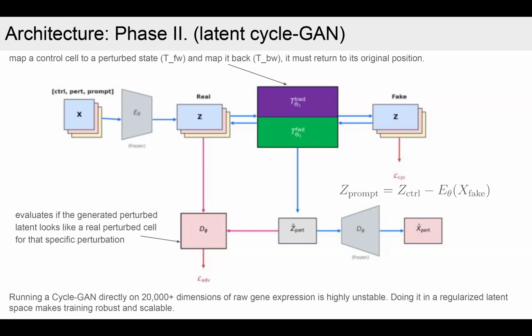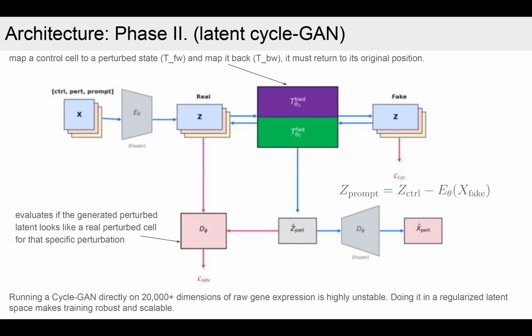And if everything goes well, we can get back to the same place. And it is fed into the discriminator, whose role is to train until it cannot differentiate between whether it is coming from a real perturbation or a predicted one.